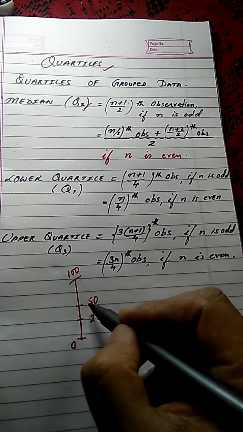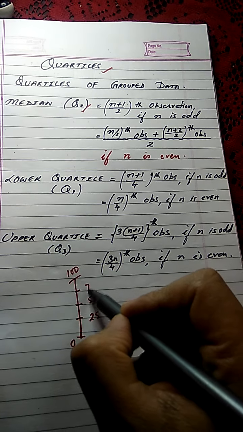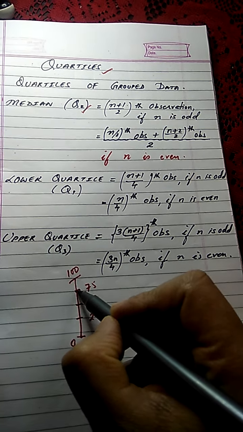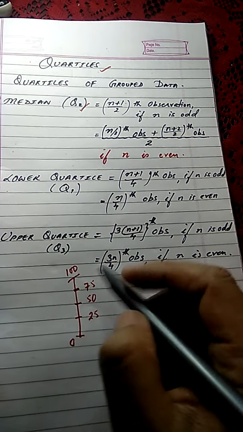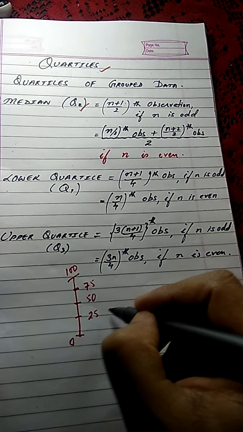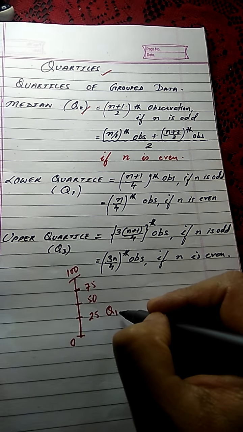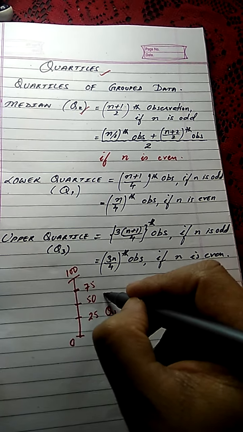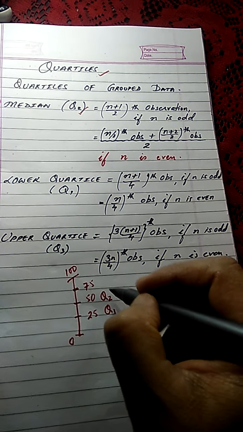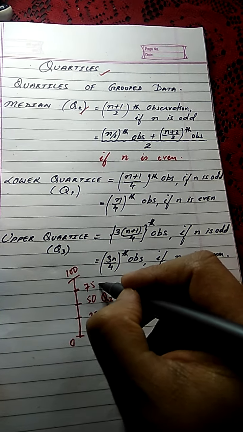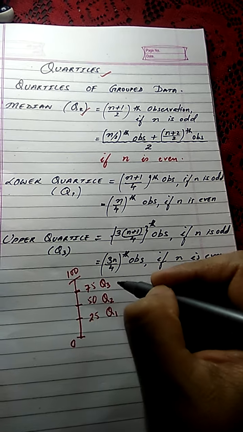So 25 lies in the middle between 0 and 50. Similarly, if I write 75 here, then 75 lies in between 50 and 100. So this 25 in this case is called the lower quartile denoted by Q1. 50 is called the second quartile or the median, and 75 is called the upper quartile or Q3.